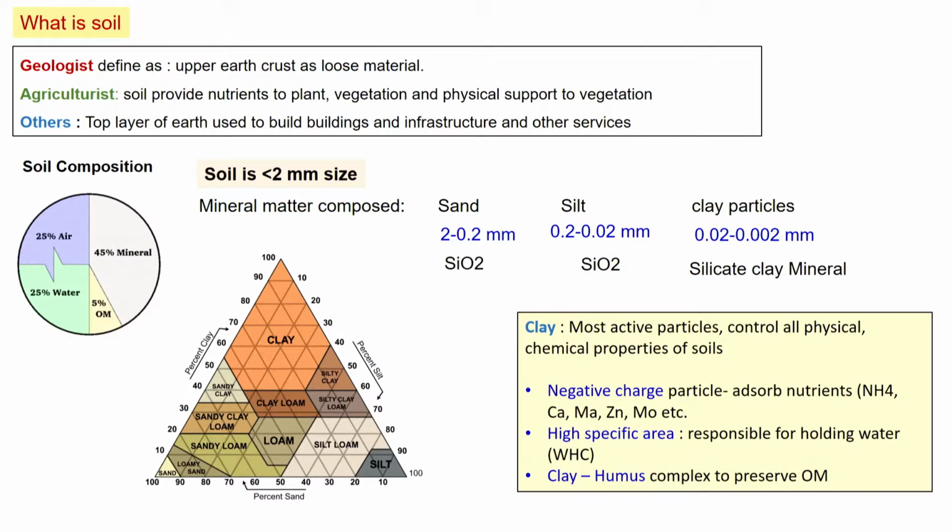That is the composition. When we say mineral, sand, silt, clay, they depend on size, and the smallest soil particles are clay particles, which are less than 0.02 millimeter.